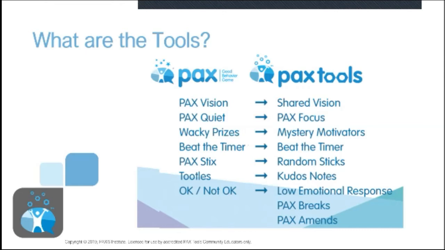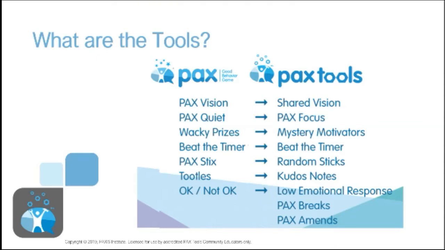Kudos notes in the schools are called toodles, the opposite of tattles. And they are just simply really nice statements that we can give to the people that we want to show that we noticed that they're doing something right. And they need to be specific.